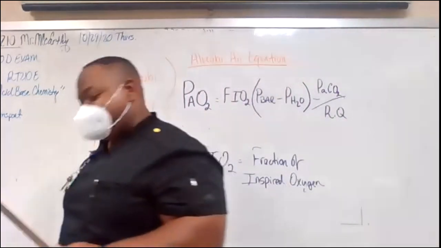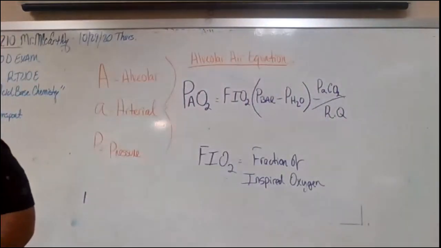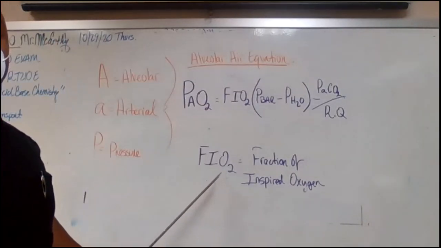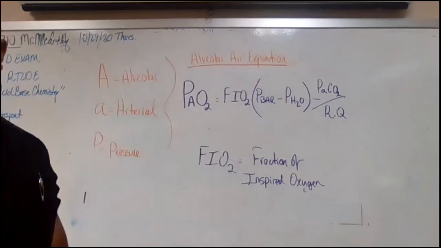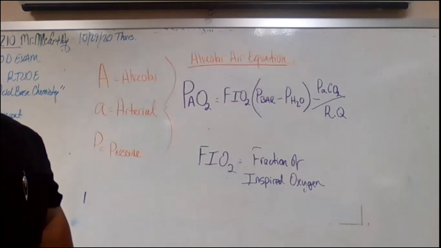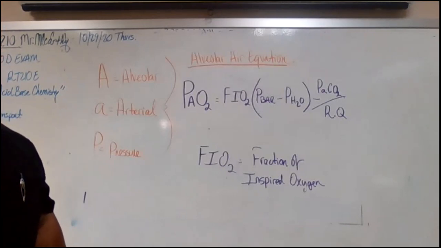Okay, little trace gas. The pressure of oxygen at room air, or at sea level, is 159 millimeters of mercury.